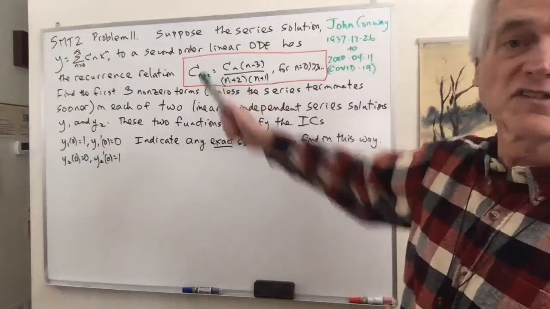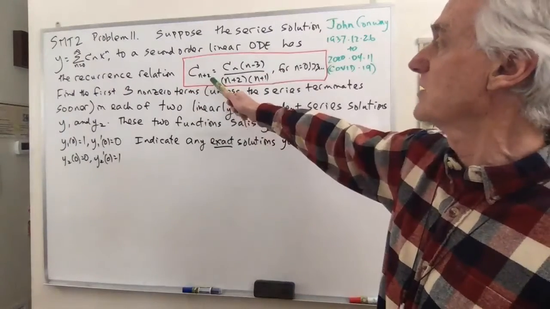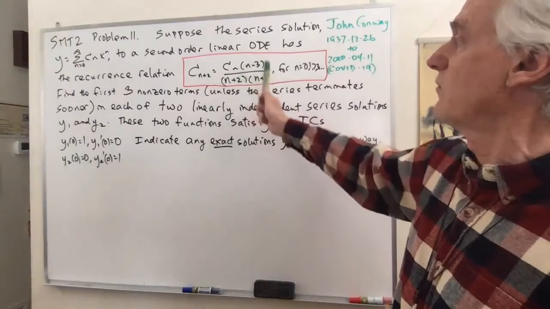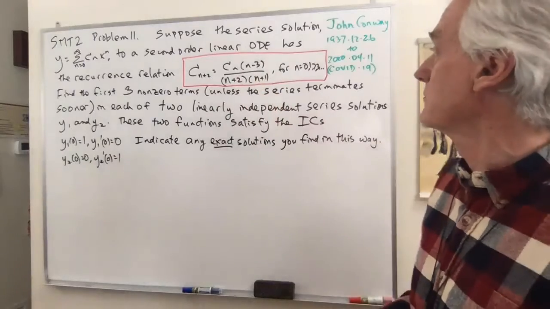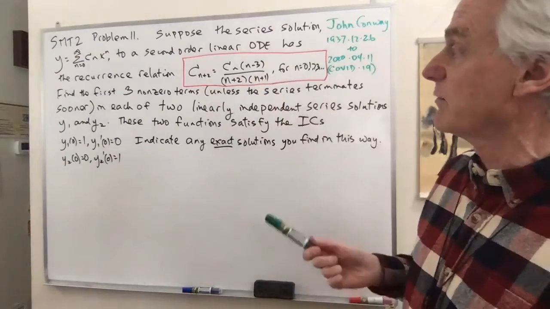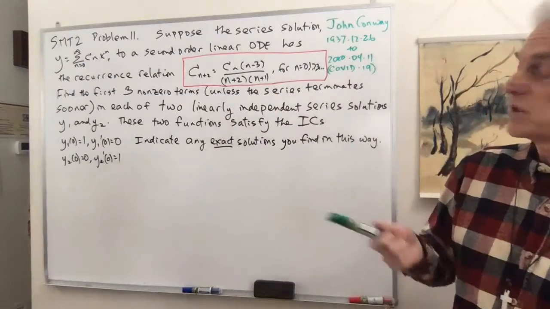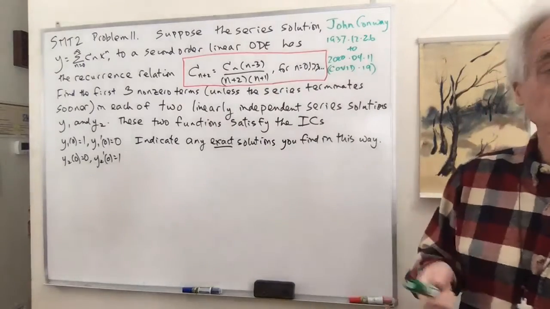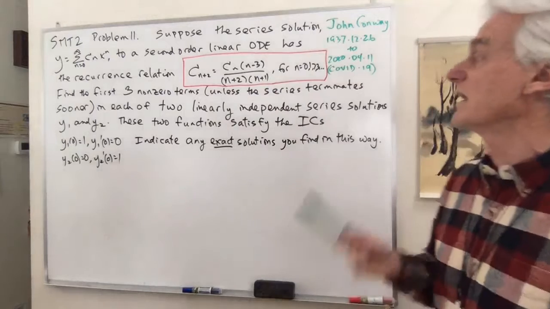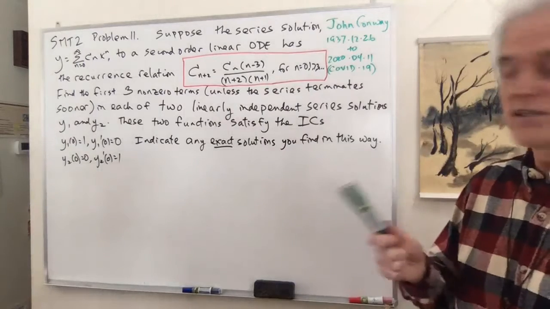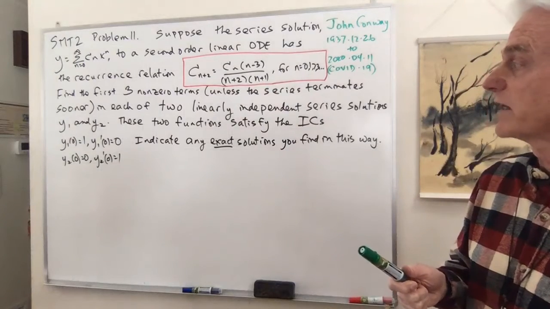And this is the recurrence relation. So Cn plus 2 is some junk involving n times Cn for n equals 0, 1, 2, 3, etc. You're asked to find the first 3 non-zero terms, unless the series terminates sooner, in each of 2 linearly independent solutions, y1 and y2.